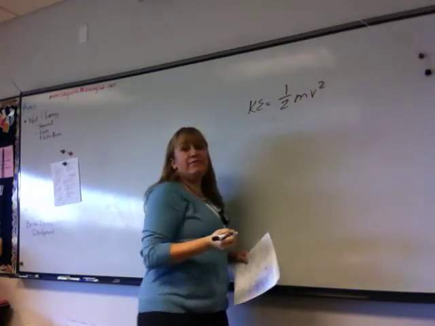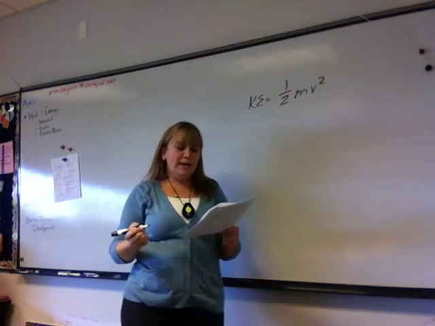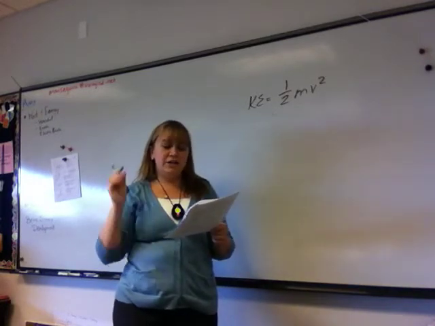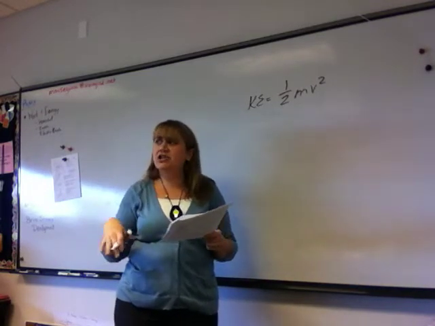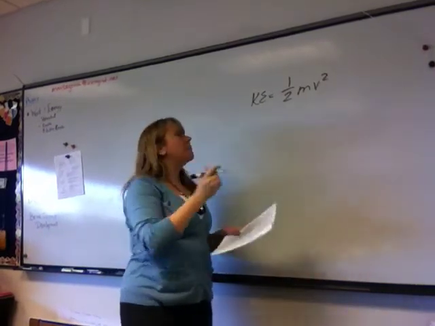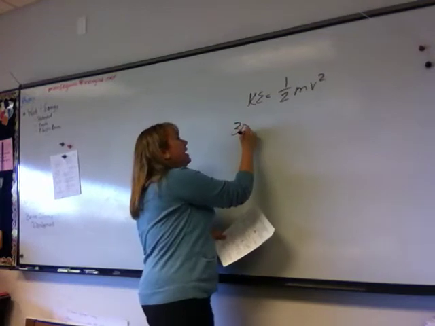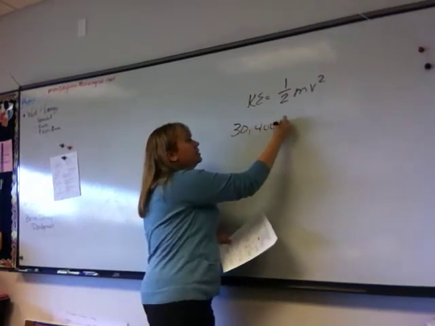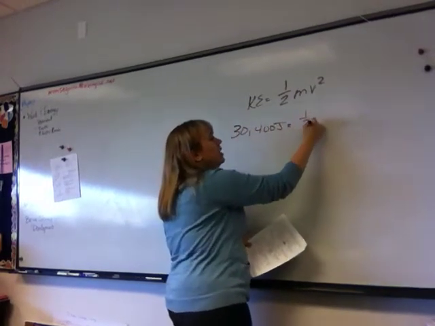All right, 1/2 mv squared. So what is the mass of our, or actually, let's start at the beginning. Kinetic energy, how much kinetic energy does this guy have? 30,400 joules is equal to 1/2.